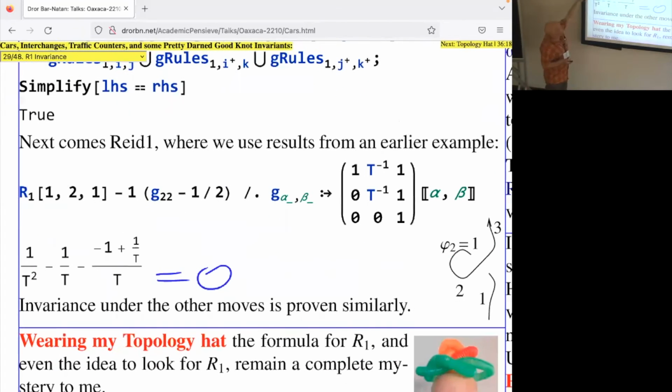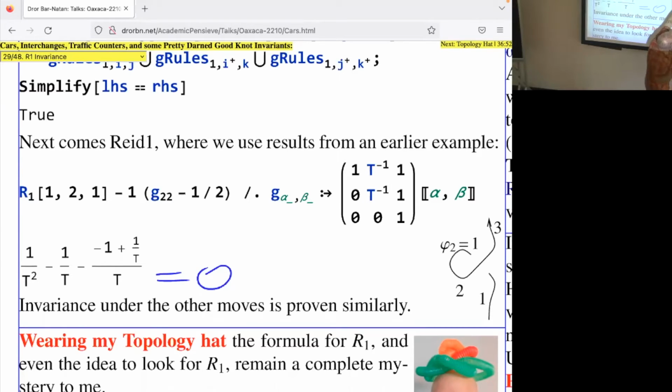Likewise, we can check Reidemeister 1. For Reidemeister 1, again, the traffic outside the zone of the Reidemeister 1 is not affected by doing the move. So I only have to check the contribution coming from that zone itself. There is one crossing and one rotation number. And here I can simply use the values of the traffic matrix that I've already computed.